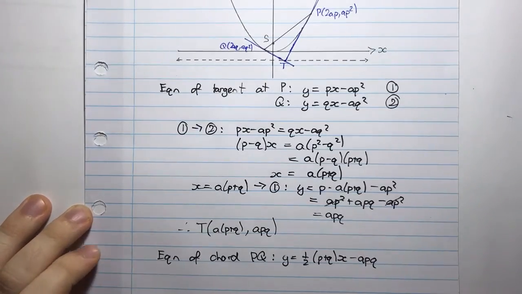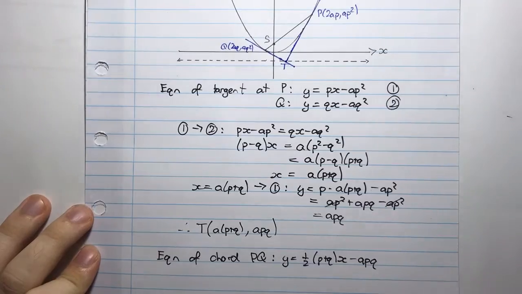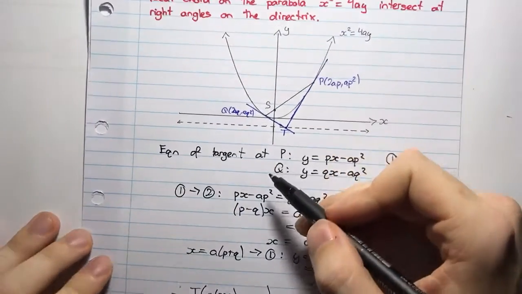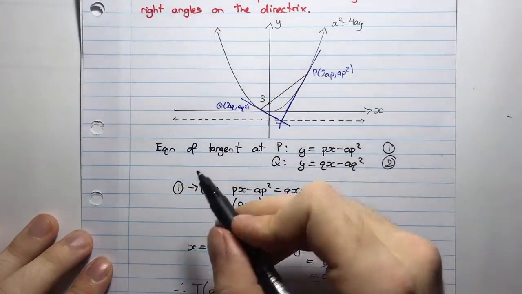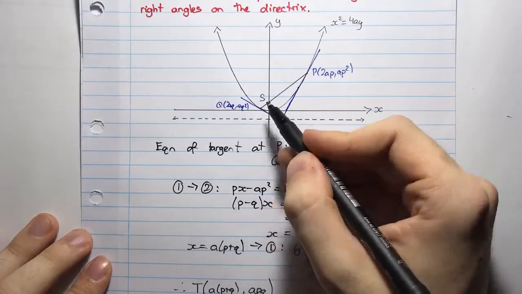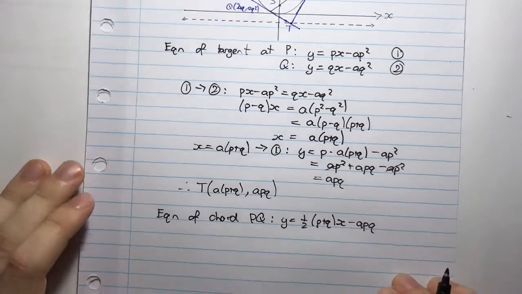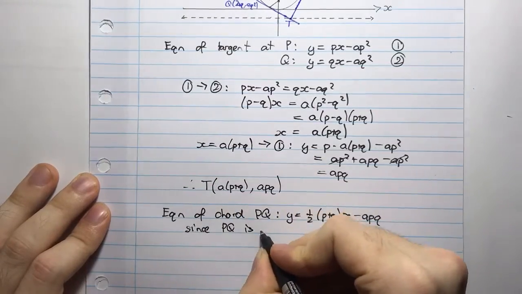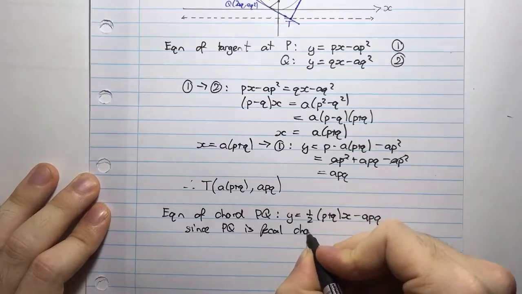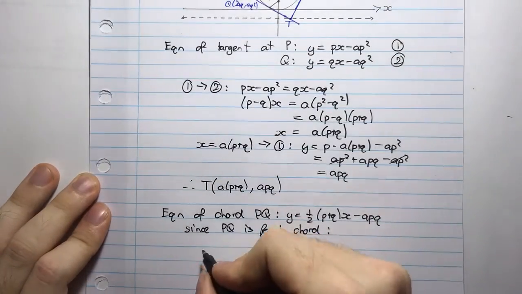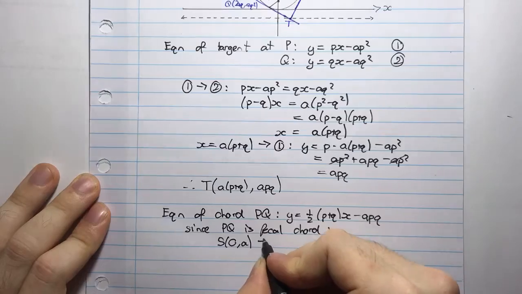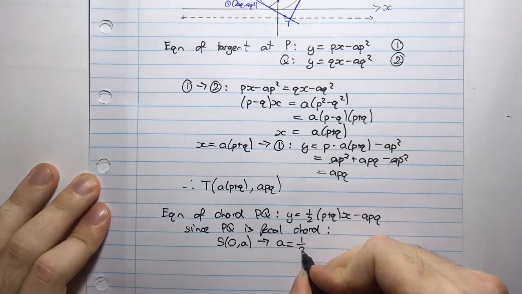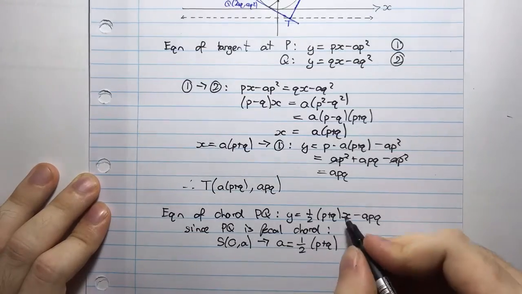If this question came in an exam, you'd have to derive that because we're not given it, the same with the tangents. Okay, now since this is a focal chord, I need to substitute the focus (0, a) into here because it should satisfy this equation. So, since PQ is a focal chord, substituting (0, a), I have a equals one half p plus q multiplied by 0.